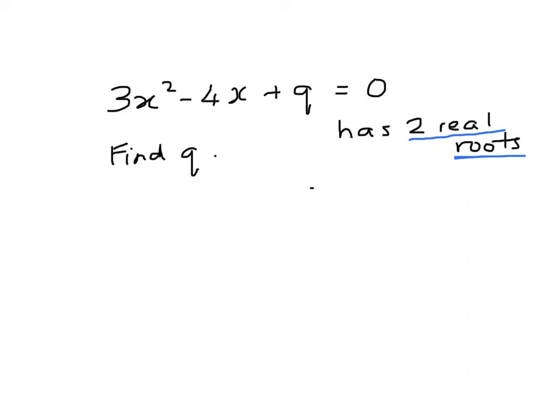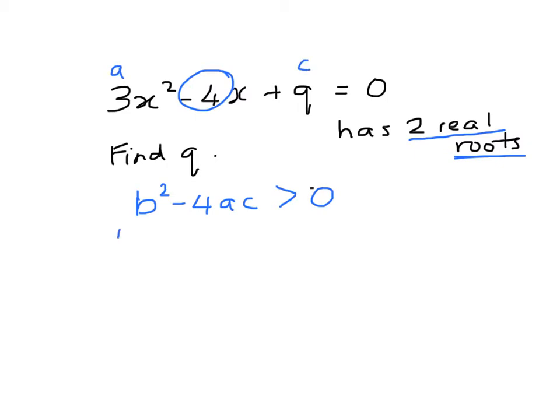When it tells me it has two real roots, or they may say it has no real roots, we know we're talking about the discriminant. If it's got two real roots, b squared minus 4ac must be greater than 0. My a is 3 and my c is q.